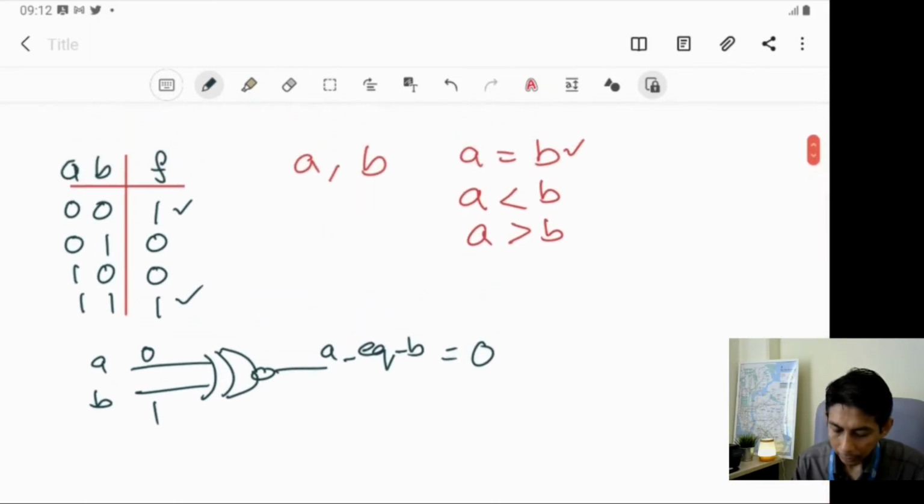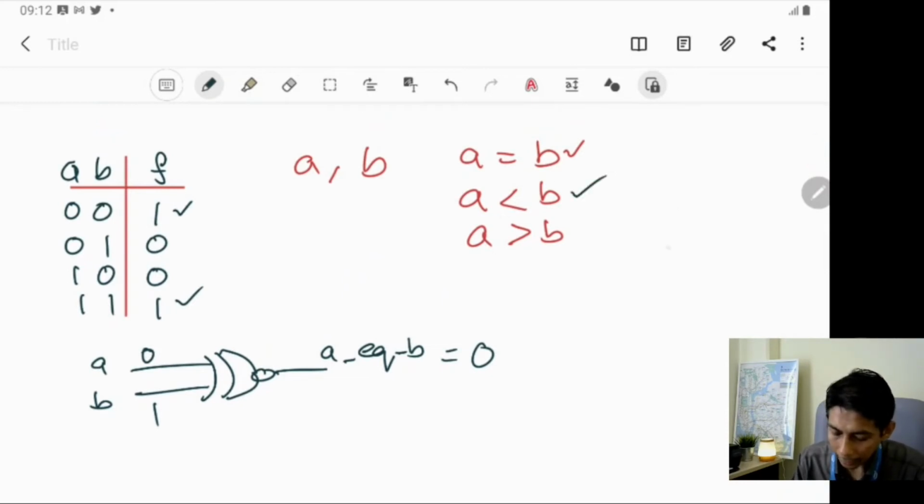So the idea is that if A is less than B, it means that A must be equal to 0 and B must be equal to 1, because we have only 2 numbers. We don't have B equal to 2 or A equal to 2 or A equal to 10, right? We have only 0 and 1.